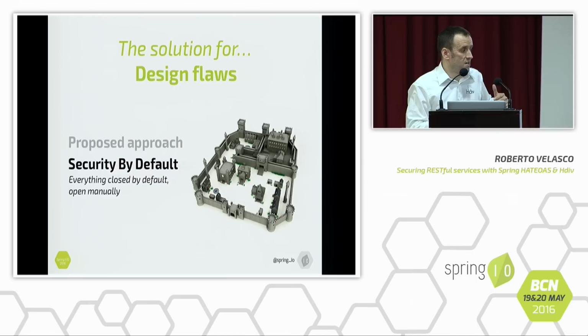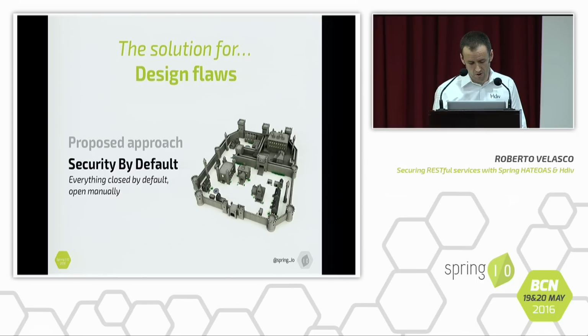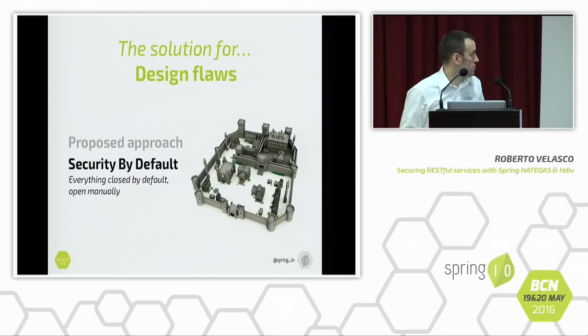We limit the actions that clients can do, and if you want, you can open them manually. If we want more freedom to do whatever we want, we can do it. But by default, everything is closed. We consider that this approach is the best one to solve these kinds of issues.